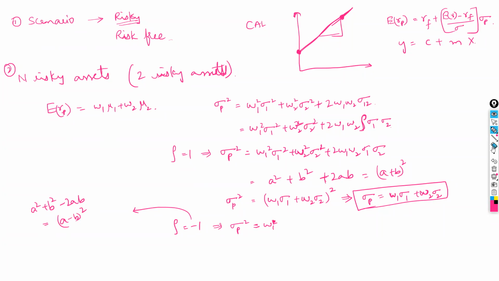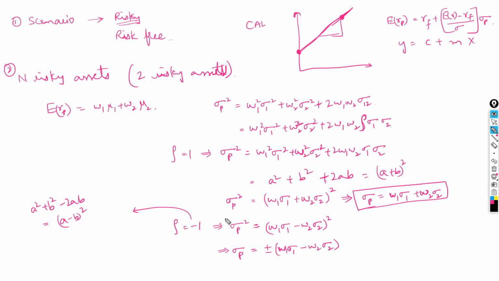So you will get W1 sigma 1 minus W2 sigma 2 whole square. And sigma p is equal to square root of this. So you write this as plus or minus W1 sigma 1 minus W2 sigma 2. This is how you write.